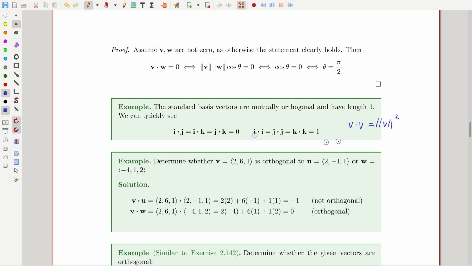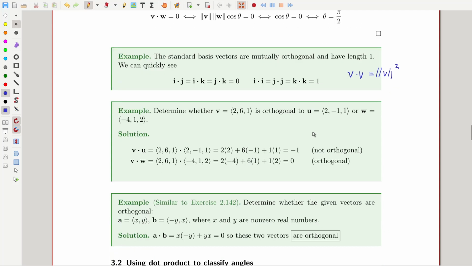So that is how we can quickly see this, right? The magnitudes of i, j, and k are all 1. And of course, 1 squared is 1.